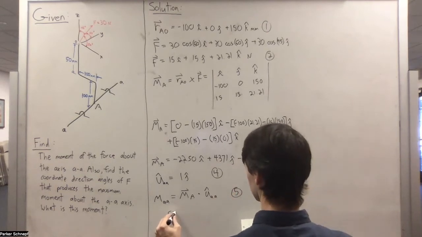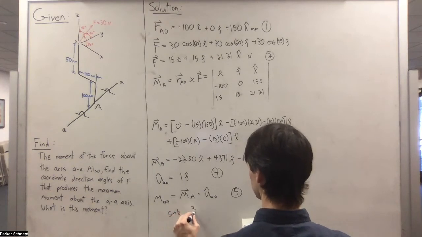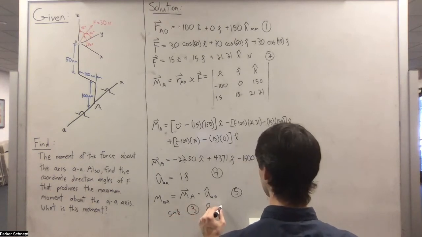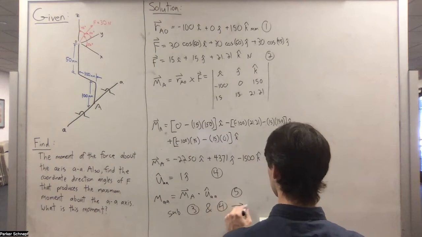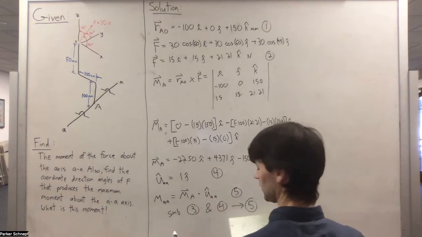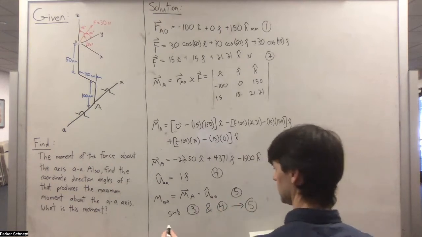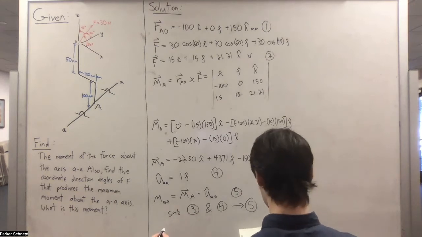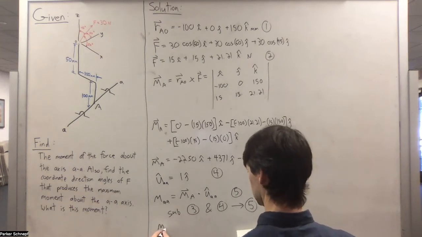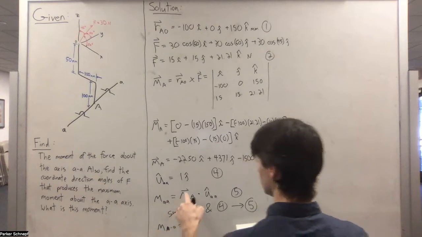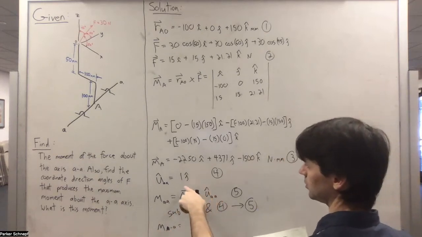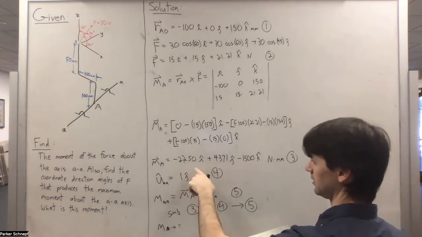What I end up getting is that, when you do the dot product, you just multiply the like components.